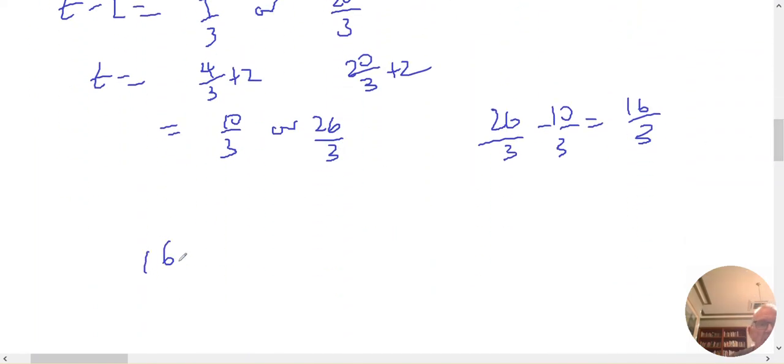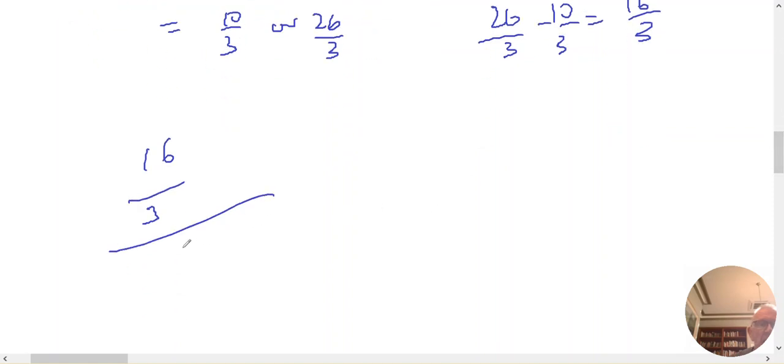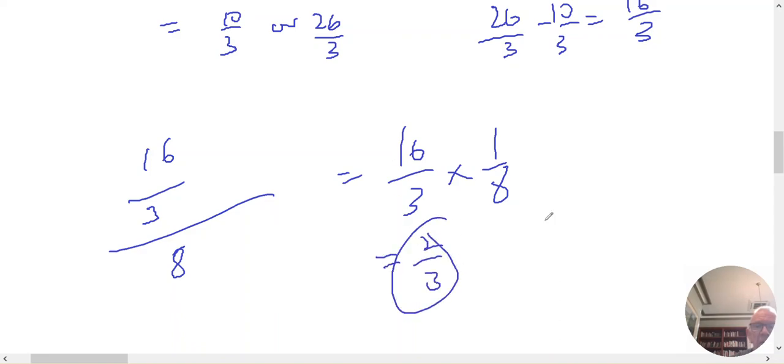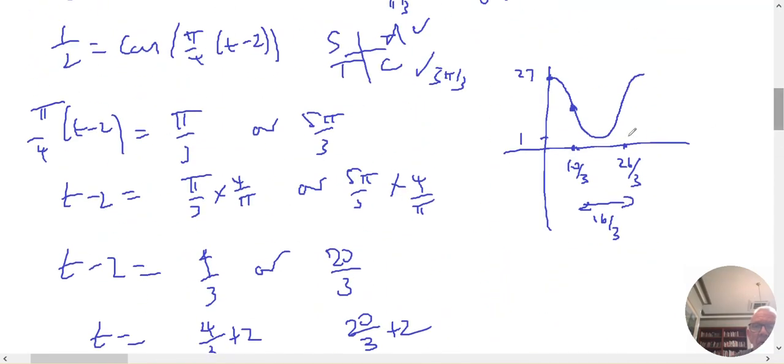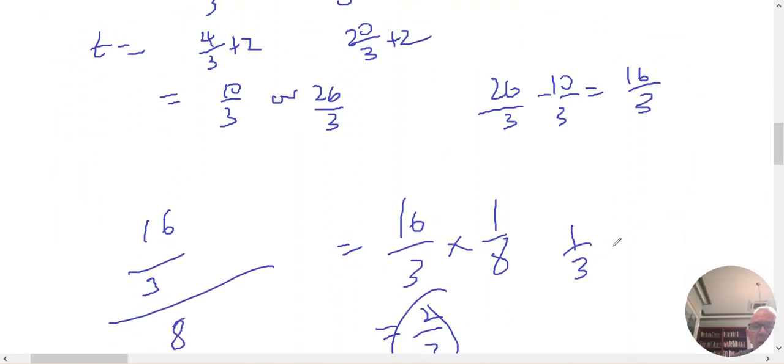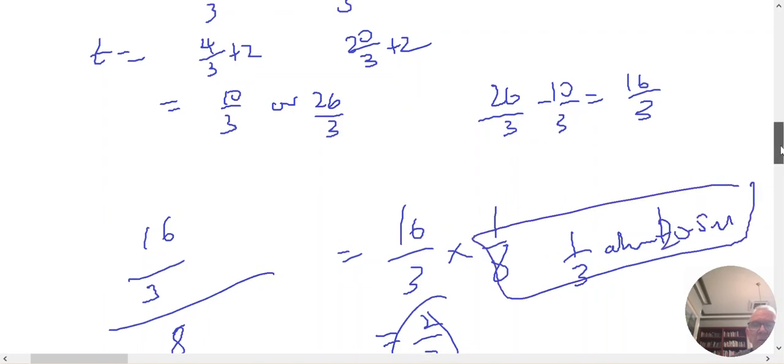So 16 on 3 out of 8 minutes is equal to 16 on 3 times 1 on 8. Cancels to leave 2/3. So 2/3 of the time it's below. Therefore, 1/3 of the time it's above 20.5 metres. 1/3 of each revolution.